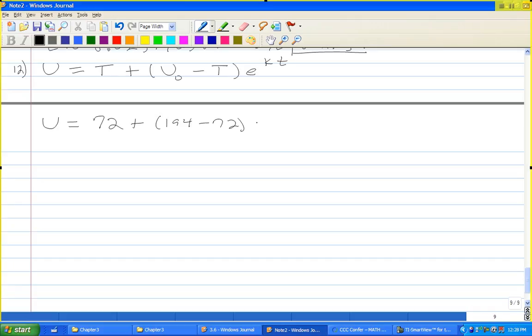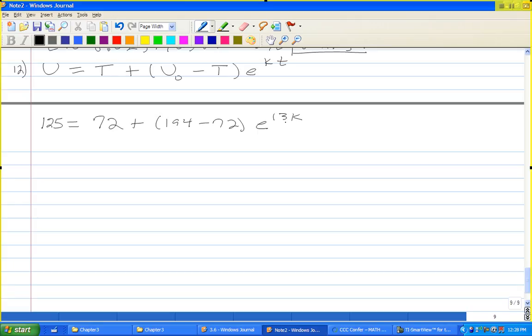After 13 minutes, I like to put the 13 first, the temperature of the coffee is 125 degrees. Find the time needed for the coffee to cool to a temperature of 88 degrees.